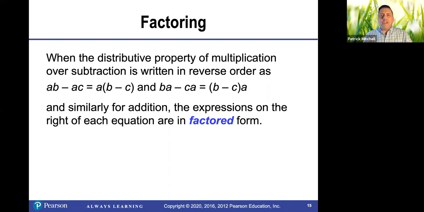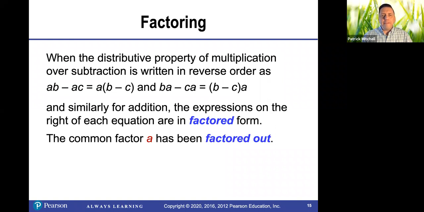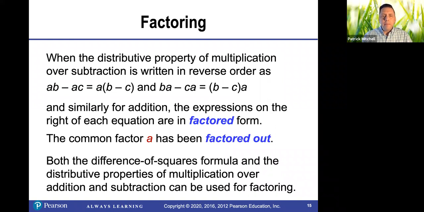So this is reversing the process of multiplication. The common factor A has been factored out. Both the difference of squares formula and the distributive properties of multiplication over addition and subtraction can be used for factoring.